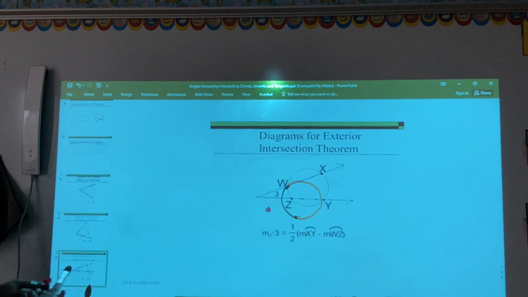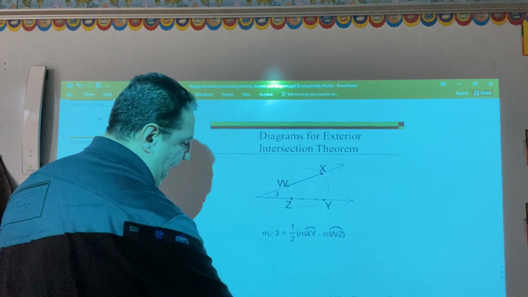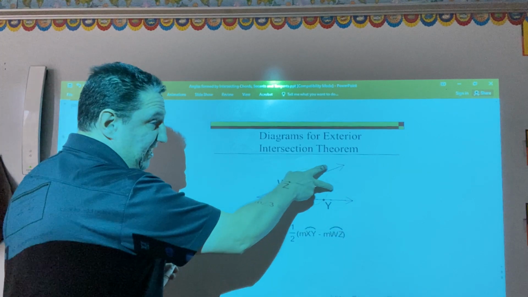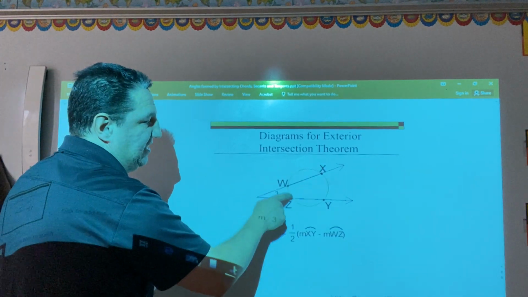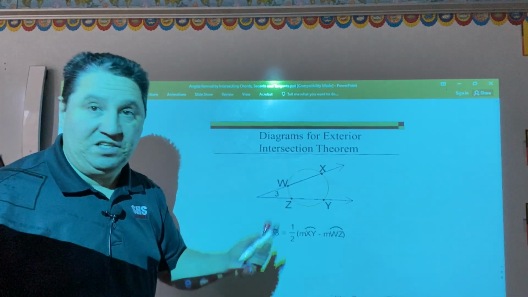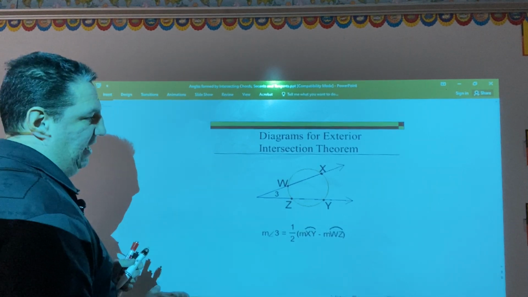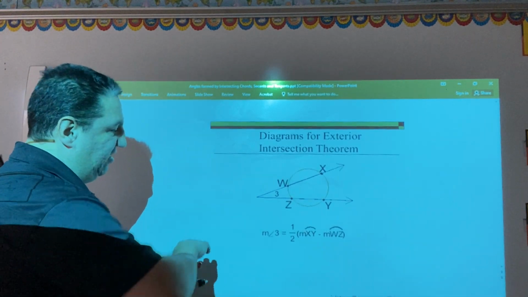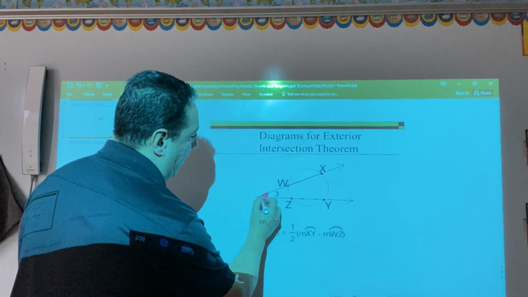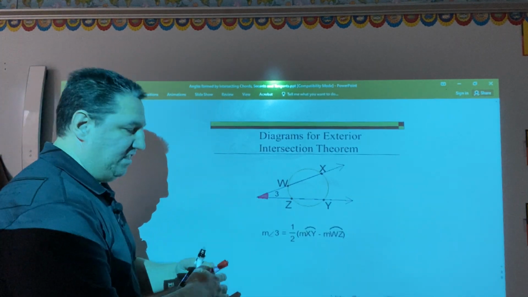Another case is when two secants, lines that intersect a circle at two different points, intersect outside the circle. Now, when you have such a case, the measure of angle 3, again, would be half of the difference of the intercepted arcs.